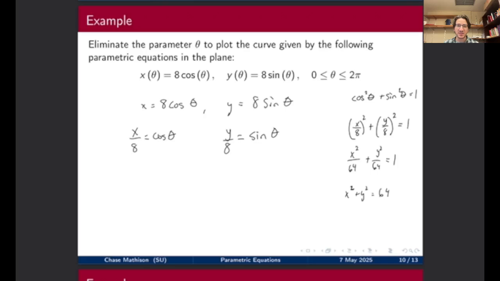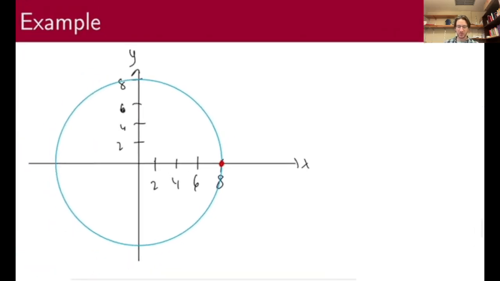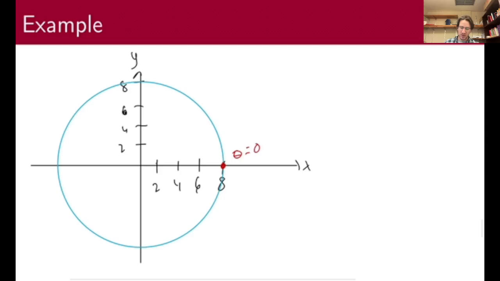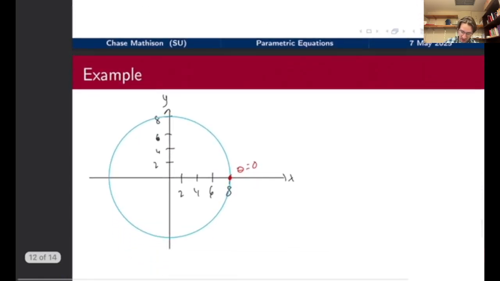So when theta is 0, x of 0 is 8, y of 0 is 0. So I get this point right here when theta equals 0. Let's look at theta equals pi over 2. We get x of pi over 2 is 0, y of pi over 2 is 8. So we get this point right here.